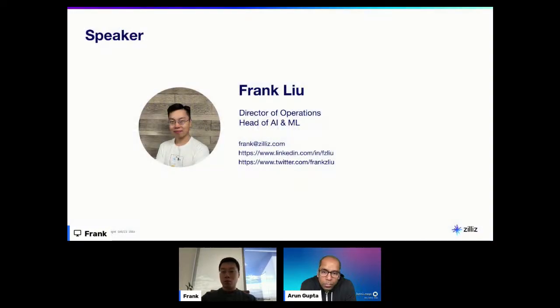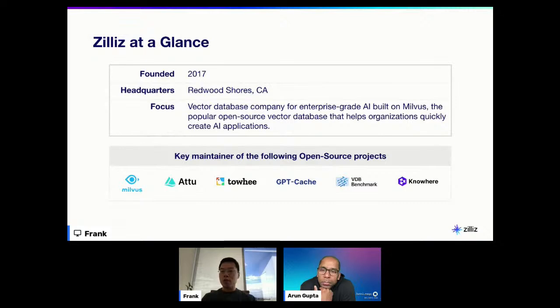And just a quick introduction myself. My name is Frank. I'm director of operations, head of AI and ML. I do a number of different things here. And really, if you look at Zilliz as a company, we've been around since 2017, and we are the key maintainer of a number of open source projects.